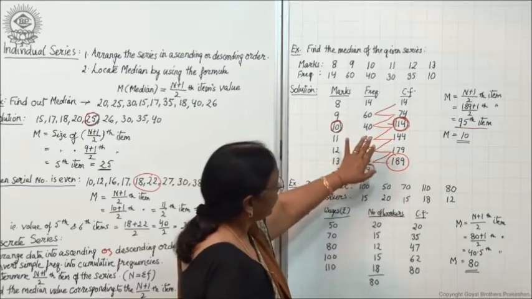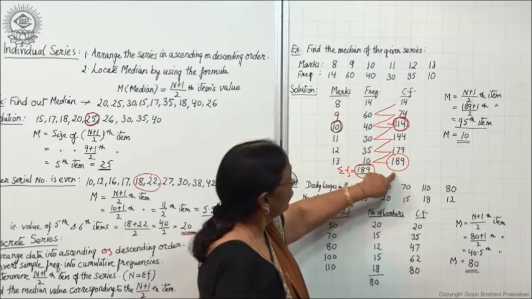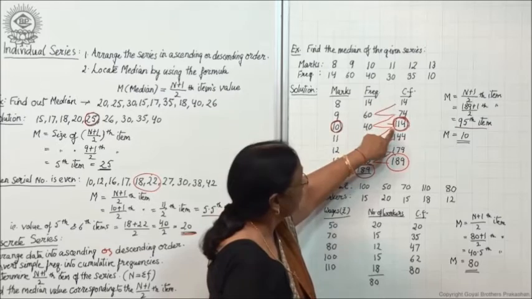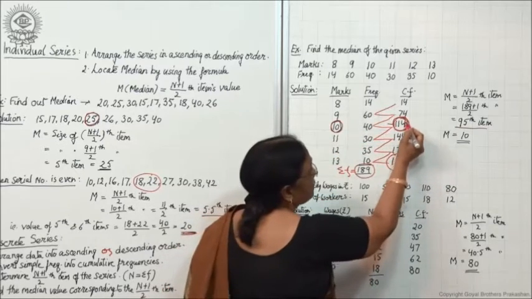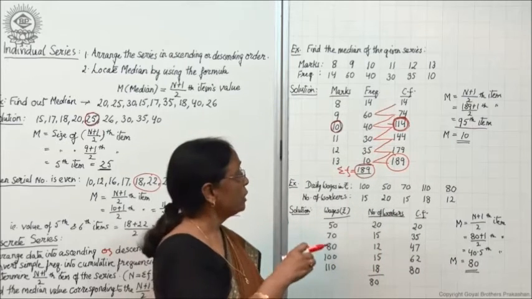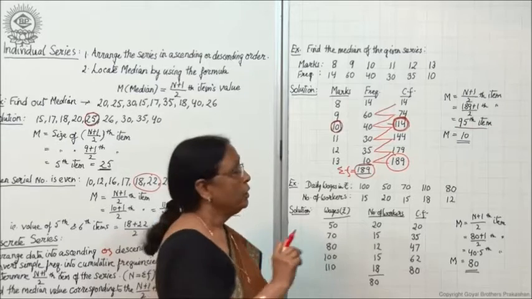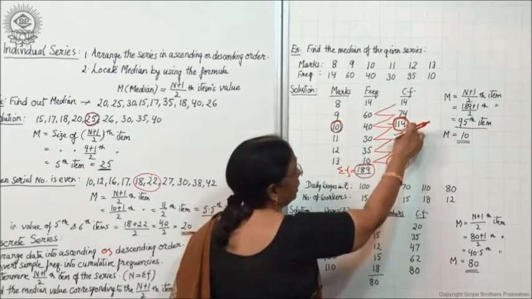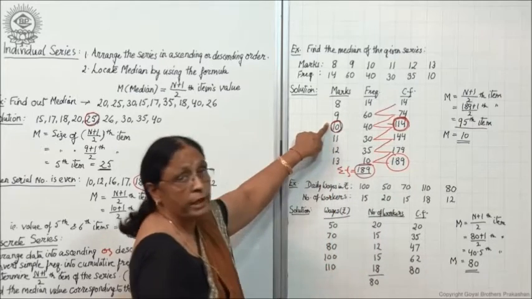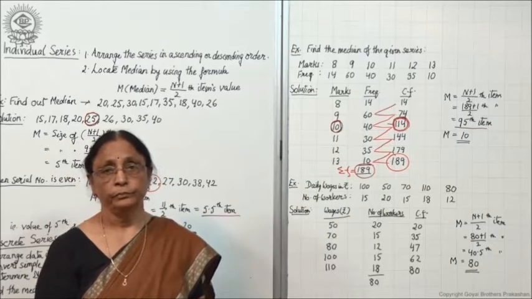Now to locate the 95th item you will look at the cumulative frequency. 95 is more than 74 and less than 114, so it is somewhere in between. In front of this, whatever you get here will be considered the median or the central value, right?